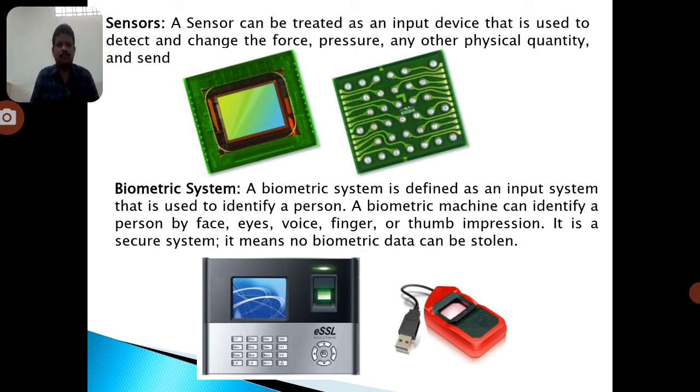The next one is the sensor. This is a very popular input device which takes input automatically, because a sensor can be treated as an input device that is used to detect change in force, pressure or any other physical quantity and send the information.